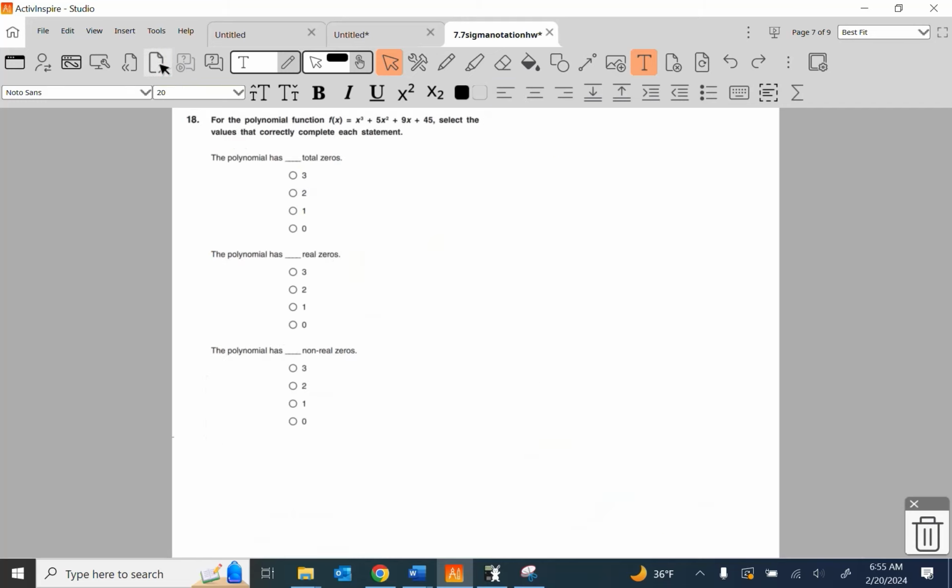Moving forward, 18. For the polynomial function f of x equals x cubed plus 5x squared plus 9x plus 45, select the values that correctly complete each statement. Now here's the reality of this. You are expected to remember how to factor by grouping.